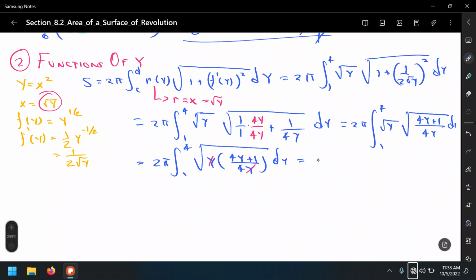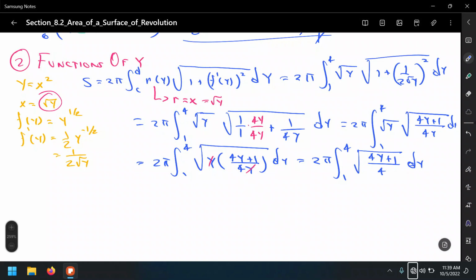And 2 pi integral from 1 to 4 of the square root of 4y plus 1 over 4 dy. In this case, I'm going to use the quotient rule of radicals.